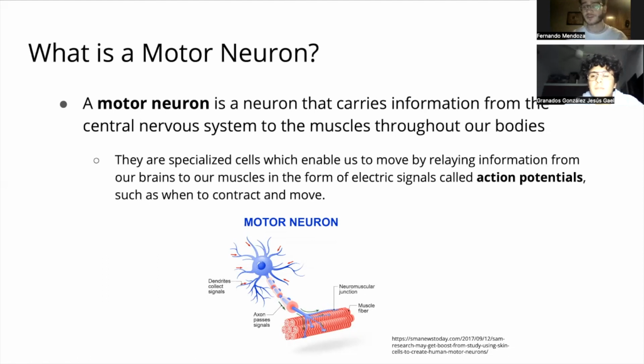And these action potentials are what we analyze with this machine. That's why it's important to know how this motor neuron functions, to see what the action potential is in this machine or in an oscilloscope.